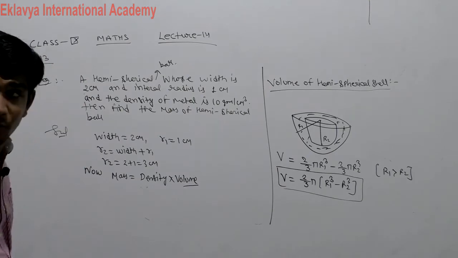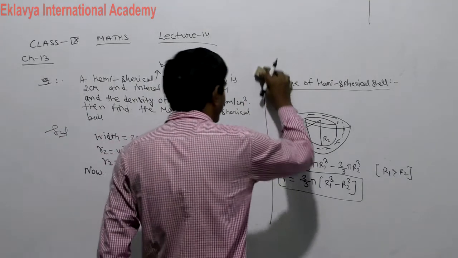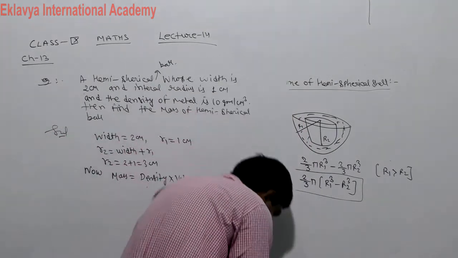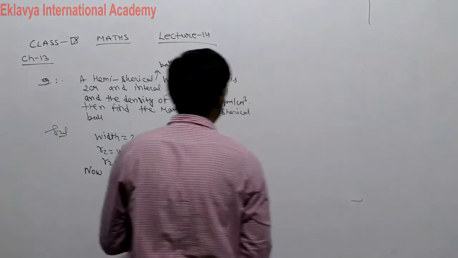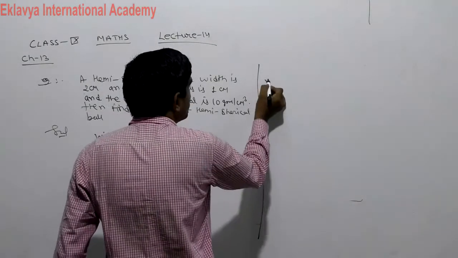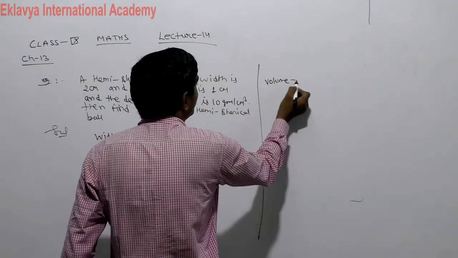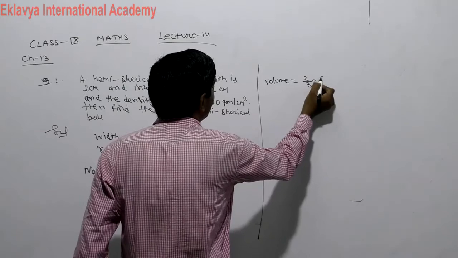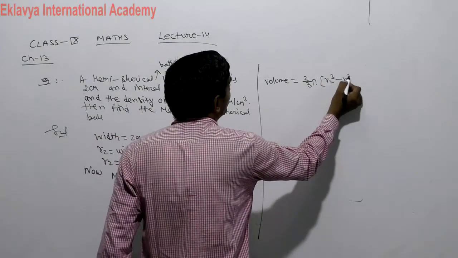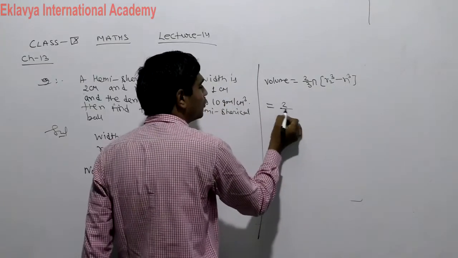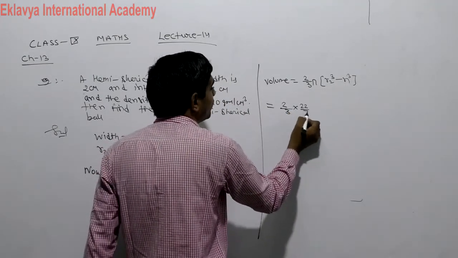What will you calculate first, students? Here we will calculate the volume of the hemispherical ball. So volume is 2 upon 3 pi, external radius r2 cube minus r1 cube. Substitute the value: 2 upon 3, 22 upon 7.